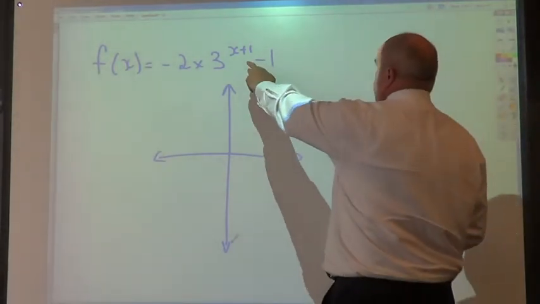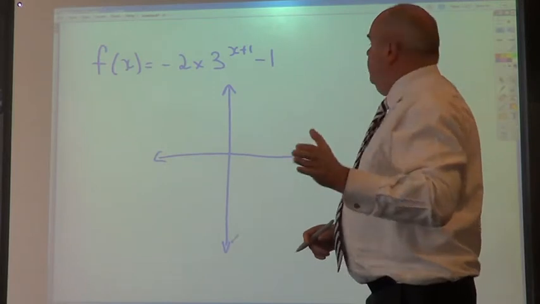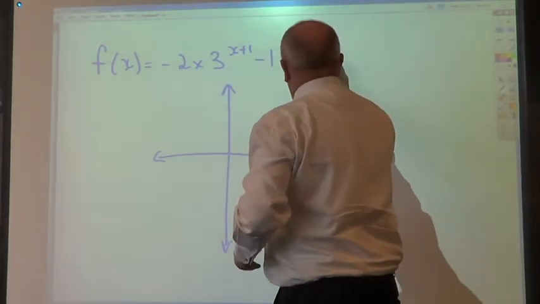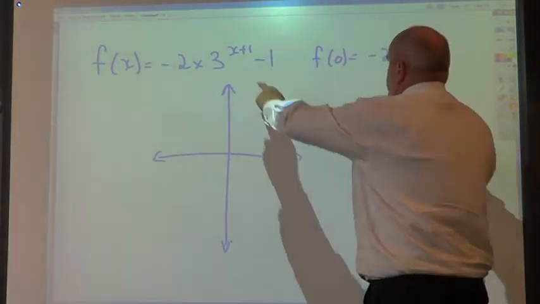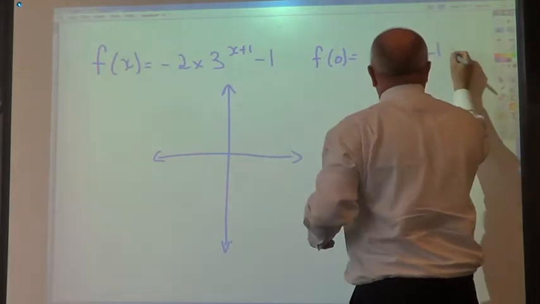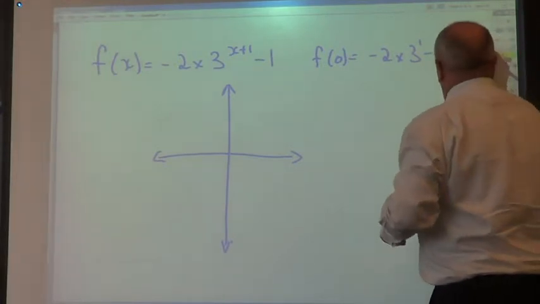It might be convenient to let x equal 0. It's going to give me the y-intercept, one of the things I had to find anyway. So letting x equal 0, my function is going to equal negative 2 times 3 to the power of 1, isn't it? Minus 1. So that's going to equal negative 6 minus 1, negative 7.